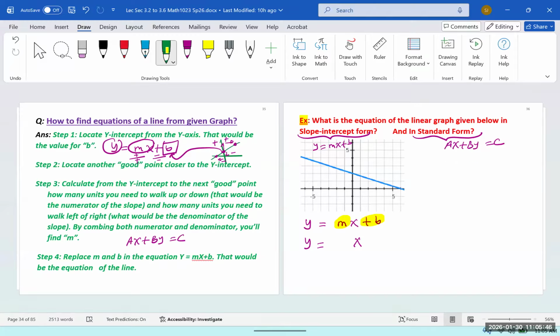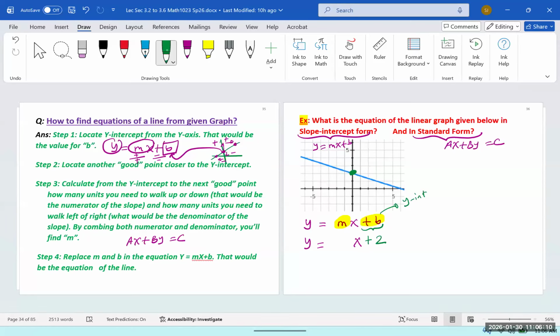How much is the b here? Any idea from anyone? Remember, b is the y-intercept. Good job. Yep, it's 2. This is our b, so this plus b turns into plus 2.